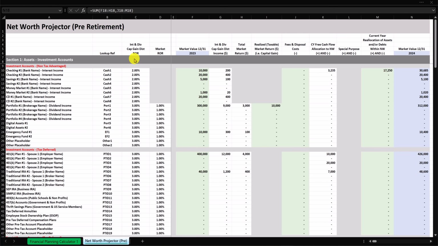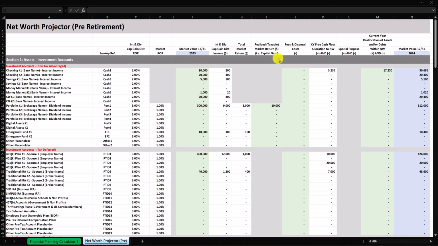If you receive a dividend and the value of the investment goes down by an equivalent amount, then it's a wash. Now, whether or not that holds true in practice is a discussion that we could have another time. For purposes of building out the calculator, it is inherent in this section right here that your net worth is increasing by the value of these types of income items.